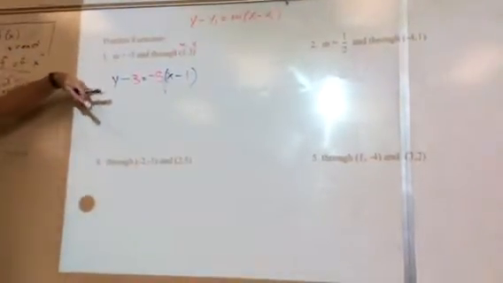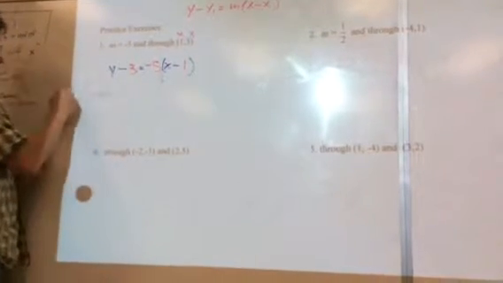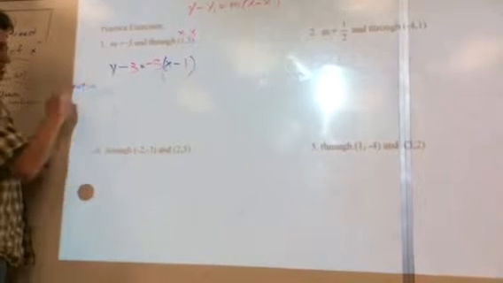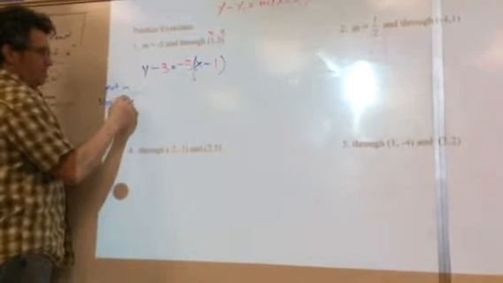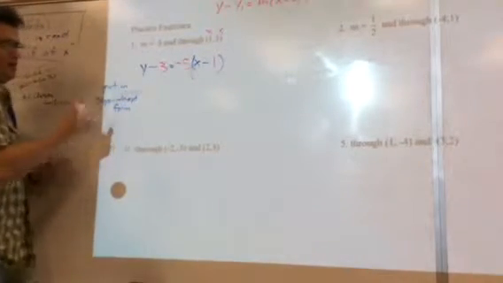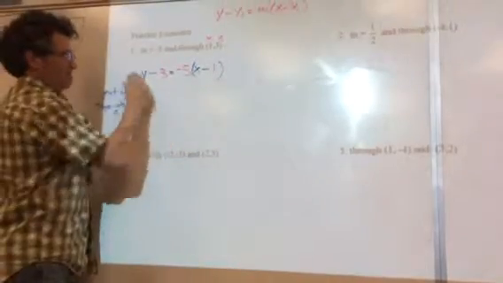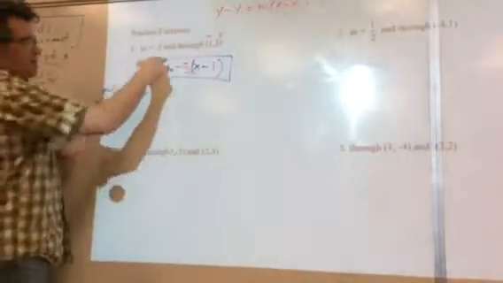Now, if I ask you to put this in slope intercept form, first thing I have to do is I have to distribute. Let me go ahead and put a box around that because that's in point slope form.